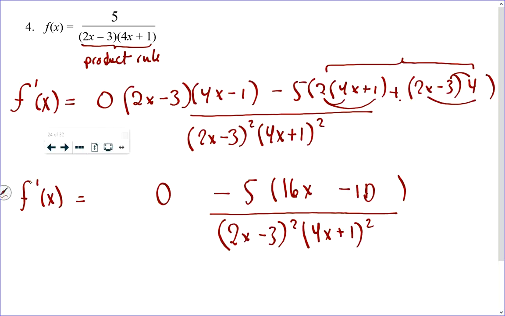Two minus 12 is negative 10. We're, for all intents and purposes, done here.